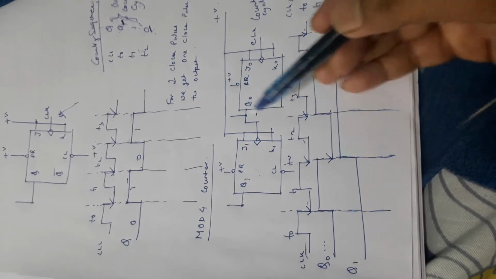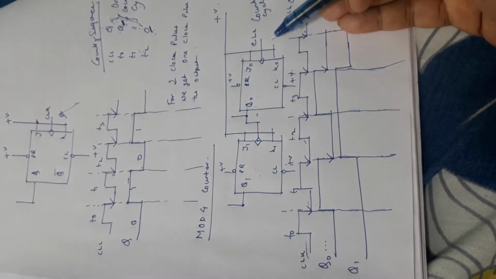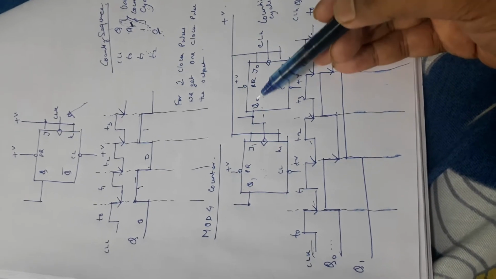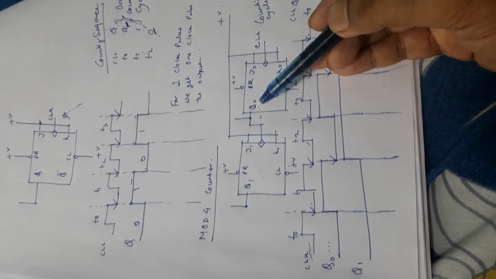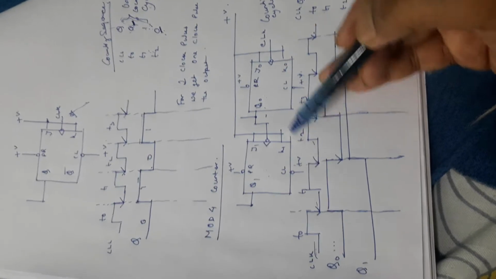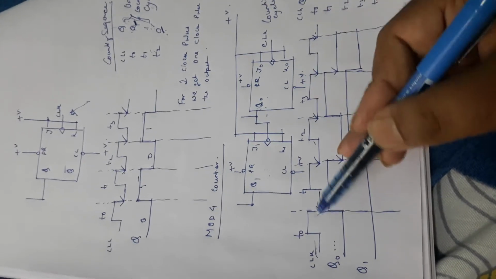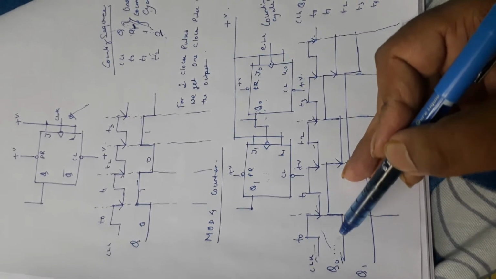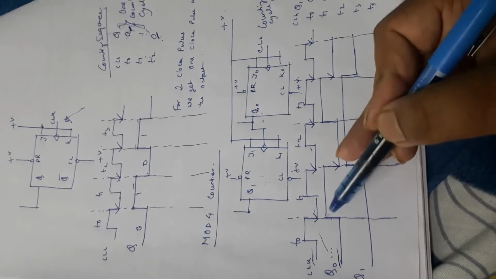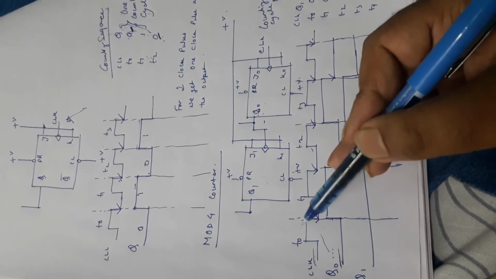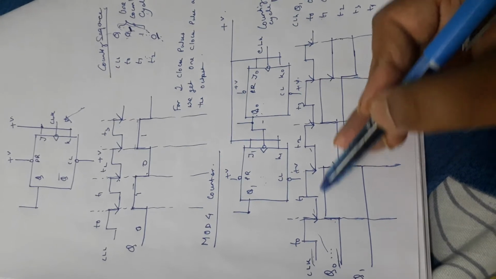Now what will happen to Q0? This is where you are giving the clock, and this is the Q0 that you are determining. Assuming Q0 to be low in the initial state, when the negative edge of the first clock comes, it will change to high.